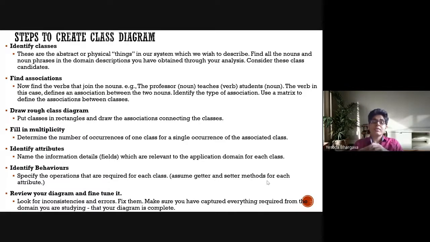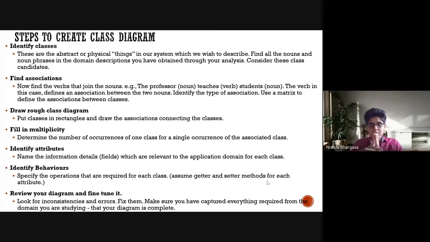Later on, you identify the attributes of the classes that you have identified. And after you have identified the attributes, which are basically the properties, you go on to identify the behaviors or the methods in those classes. So you specify the operations that are required for each class.